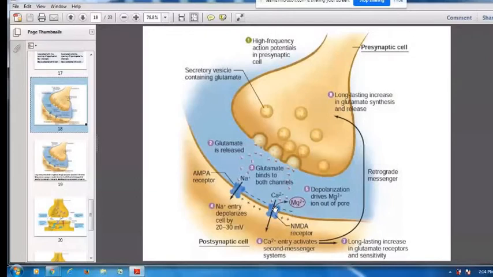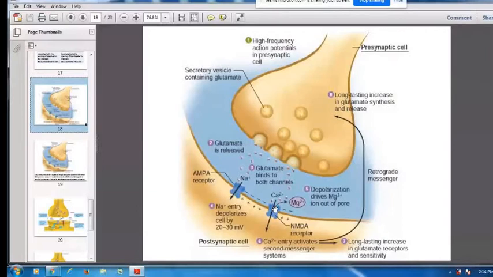Sodium has entered through the AMPA receptor, giving depolarization of 20 to 30 millivolts, and this depolarization, please remember, helps to remove the magnesium lock. Then the magnesium lock goes away and calcium can enter inside.